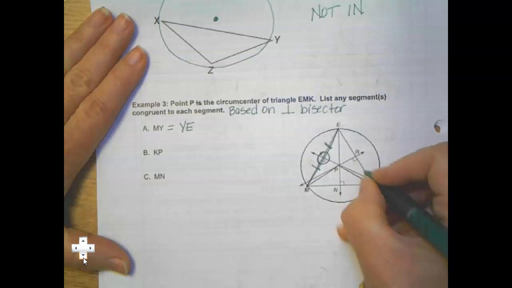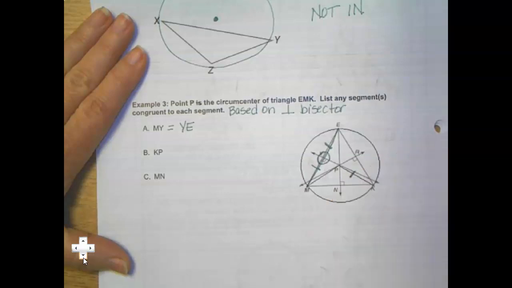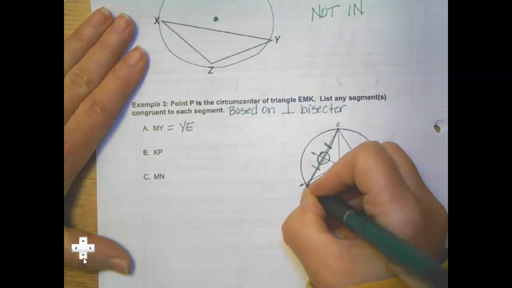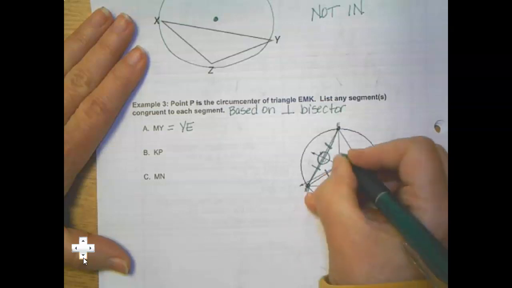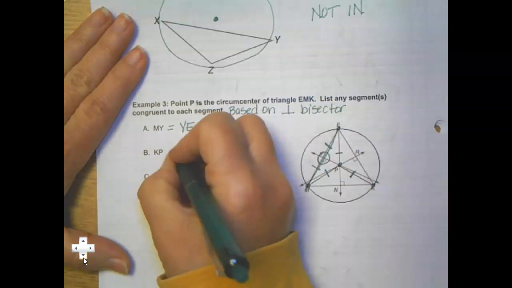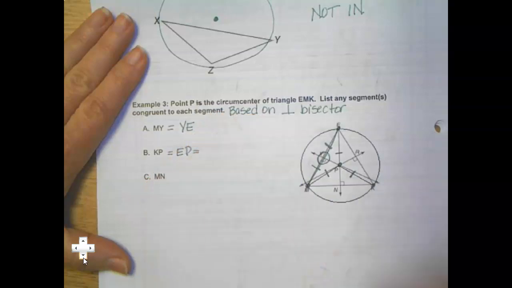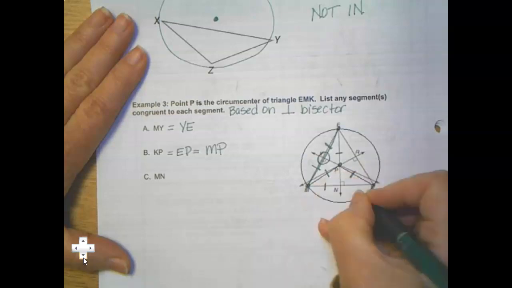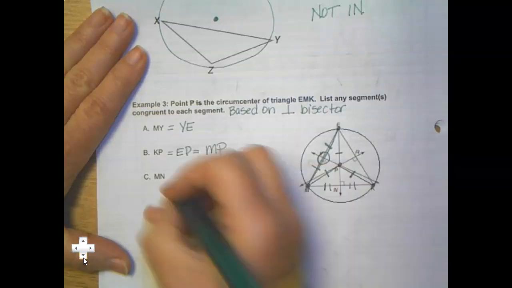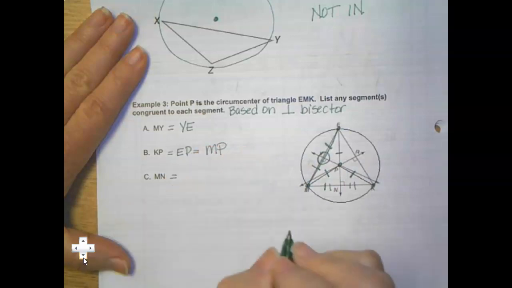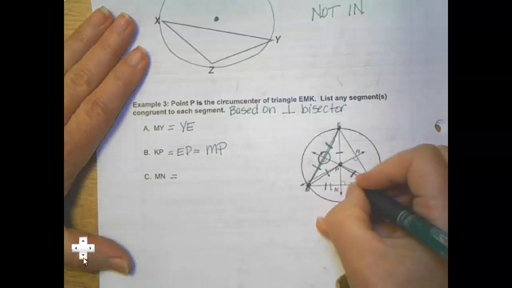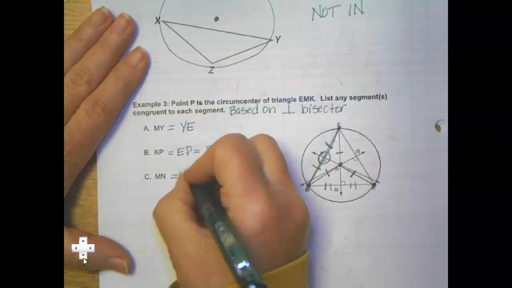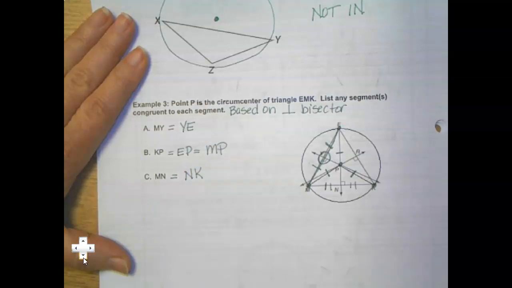For K to P, that's this one, to the center, that means there are 3 of them because they're all touching and they're all going to that circumcenter. So these would all be equal. So that would be EP and MP. M to N is going to be congruent to N to K. And that is it.